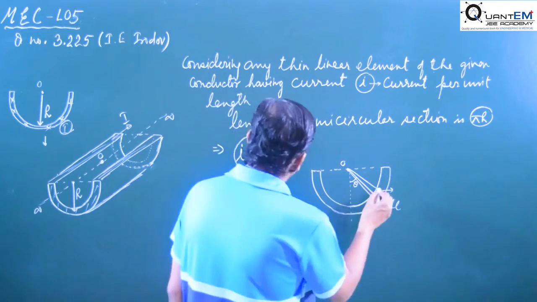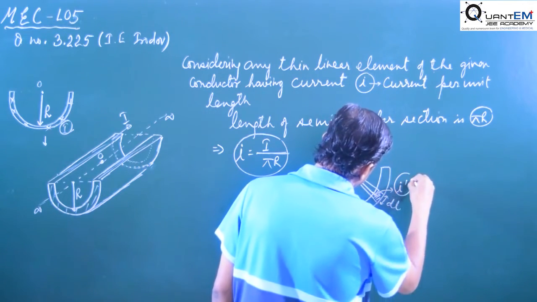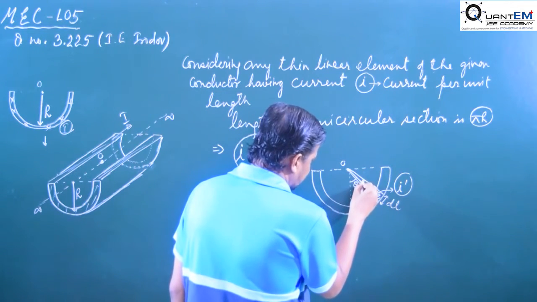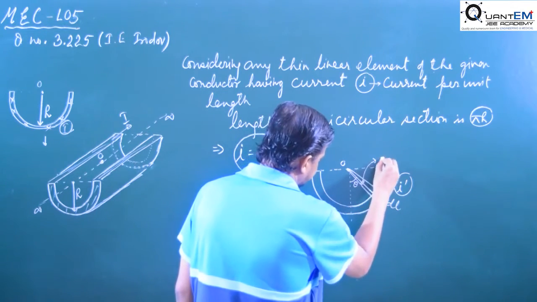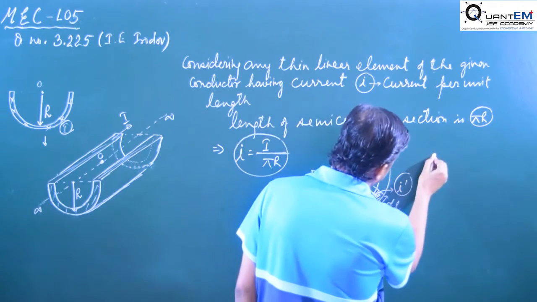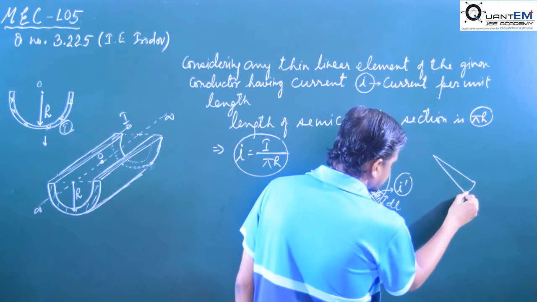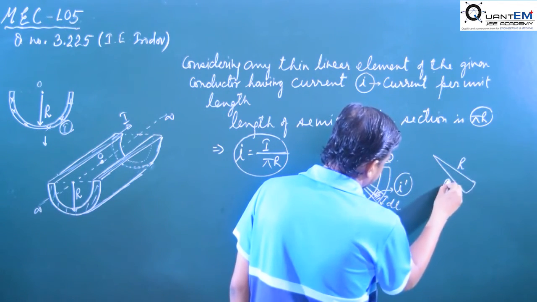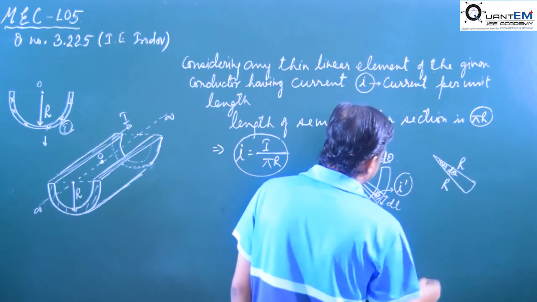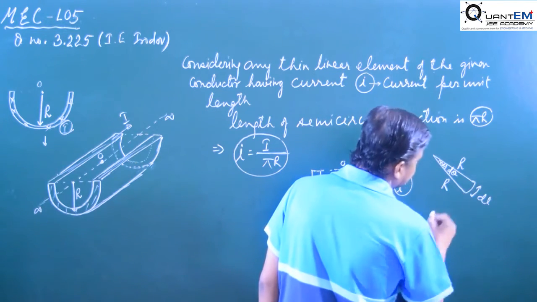So the current in this element is suppose I dash. And this part is forming an angle d theta. If you consider this part, this radius is r, this angle is d theta, this length is dl.